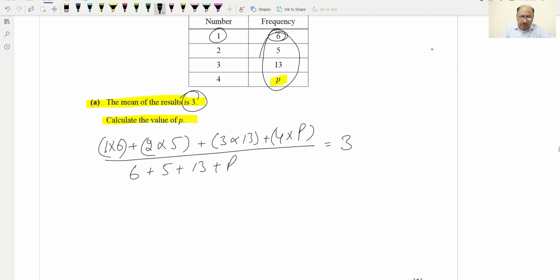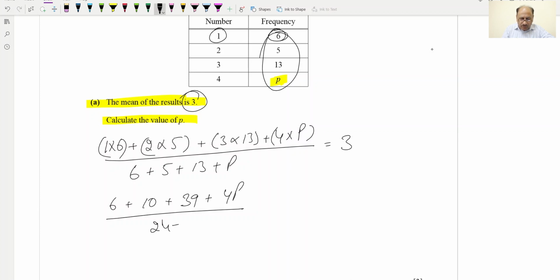Now we can simplify to find the value of P. So we will multiply 6 into 1 will be 6, plus 2 into 5 will be 10, plus 3 into 13 will be 39, and plus 4P, divided by 6 plus 5 will be 11, 11 plus 13 will be 24.